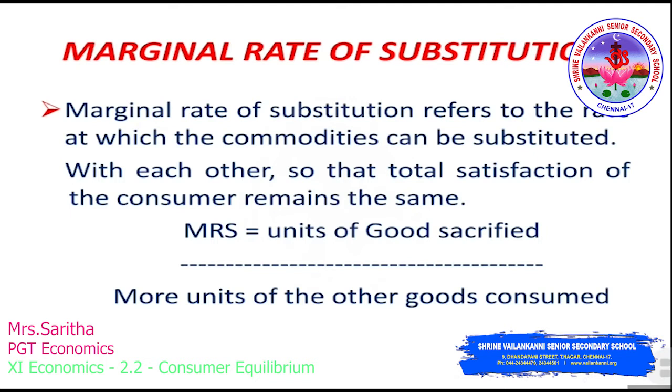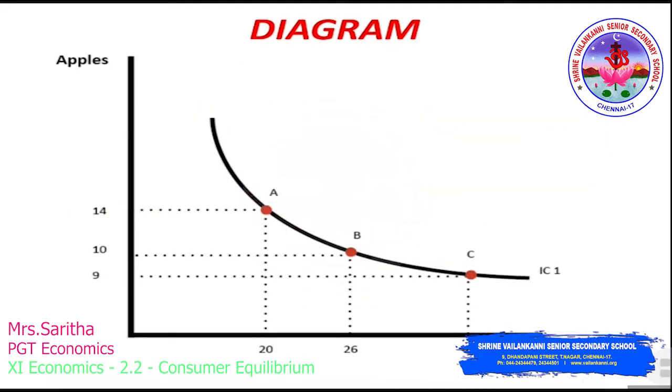So MRS, that is marginal rate of substitution, equals units of goods sacrificed for more units of the other good consumed, that is, willing to gain. We'll be calling it the marginal rate of substitution. The diagram shows IC1, with the x-axis denoting bananas and the y-axis denoting apples.